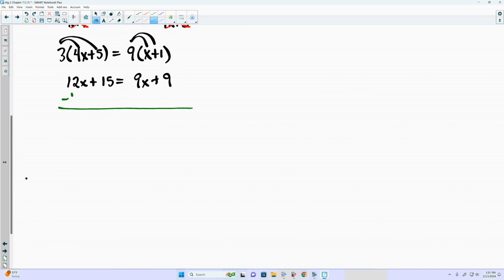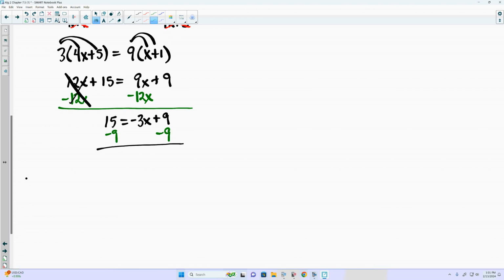So the first thing we can do is minus 12x from both sides. And when we subtract 12x from both sides, negative 12x and 12x is 0, leaving us with 15. 9x minus 12x is negative 3x plus 9. What can we do next? We'd subtract 9, because again, since we don't have an x squared, we just have an x term, we're just getting it by itself.